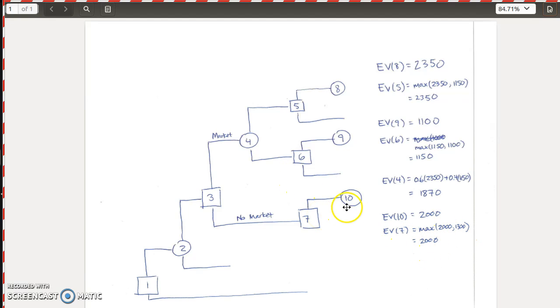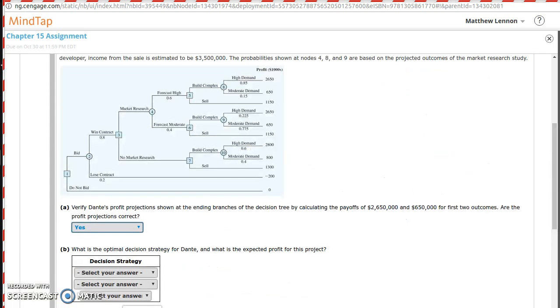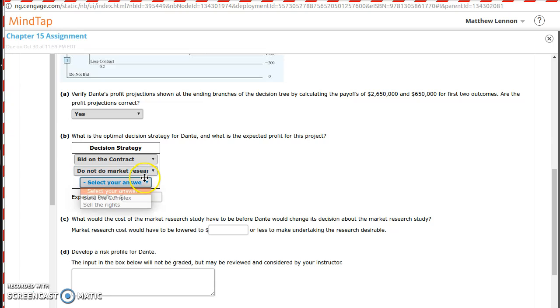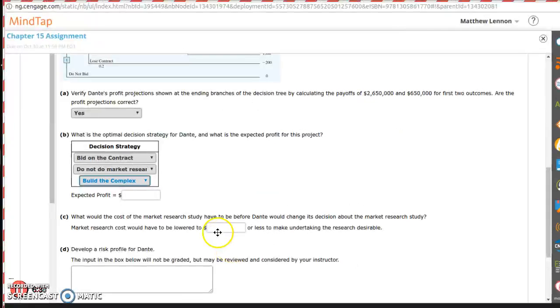And it's going to be more beneficial at node 10 if we build the complex versus selling the rights to build the complex. So that's what we do down here. We want to bid, we want to not do the market research, and we want to build the complex.